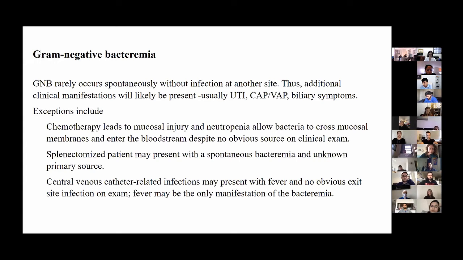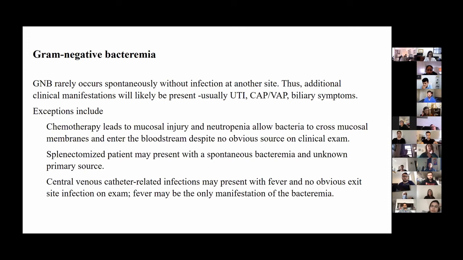So usually with a gram-negative, where it's coming from, right? So this is our intermittent bacteremia with a localizing sign. They either have a UTI, a VAP, or the biliary system is involved. The few times where it's maybe a little bit more subtle is in neutropenic patients, splenectomized patients who can get a spontaneous SBP or a spontaneous bacteremia, and sometimes a catheter, a central line.